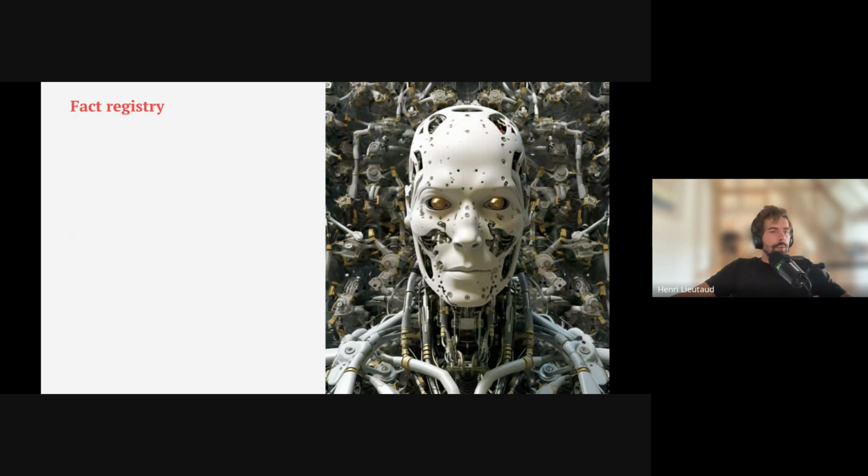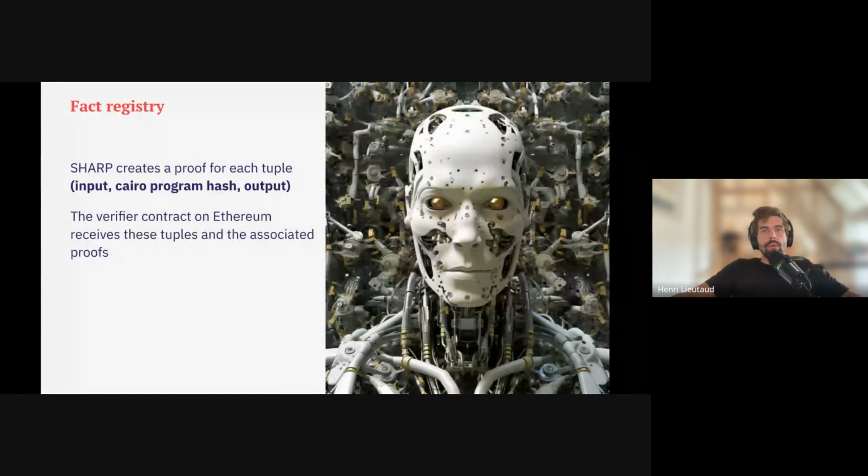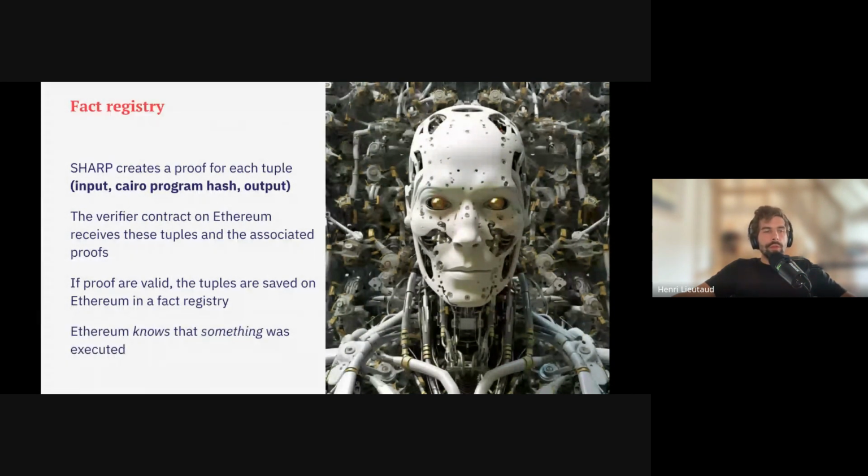Okay, so we have Cairo jobs, we have a prover, and we have a verifier on Ethereum. How does the verification process work on Ethereum? The fact registry is the first stop. When Sharp executes a Cairo program, what it really does is prove that a tuple is valid, and that tuple is composed of the program hash, right?